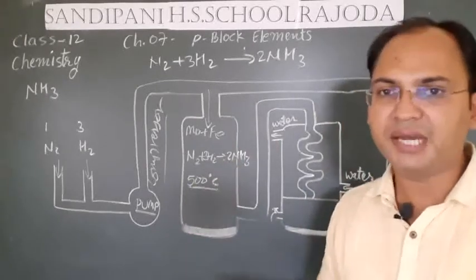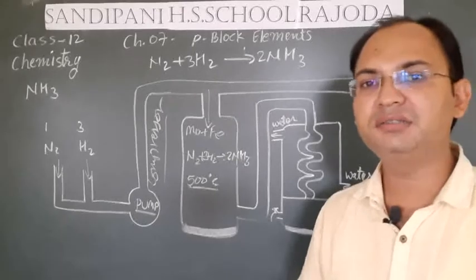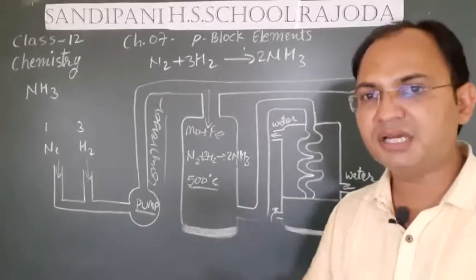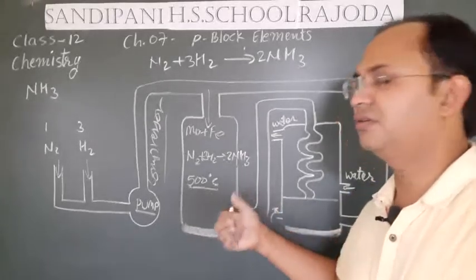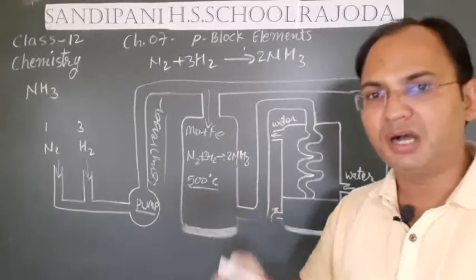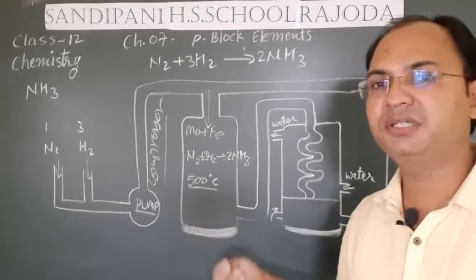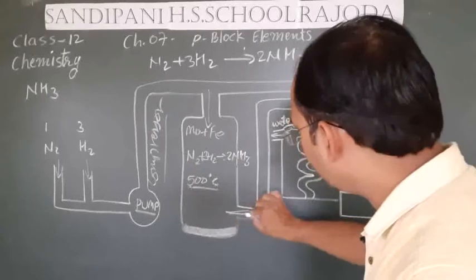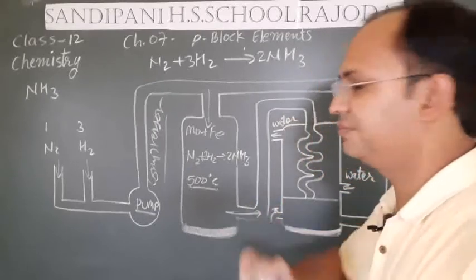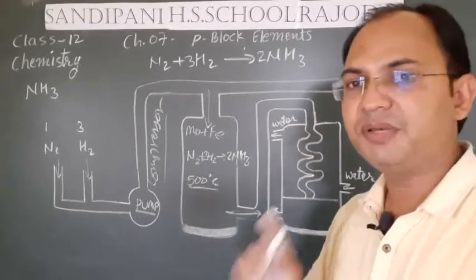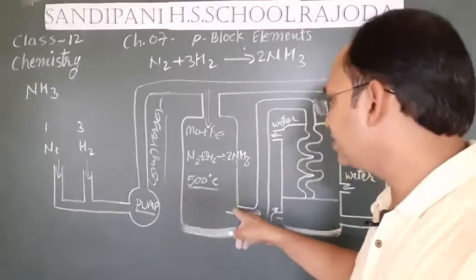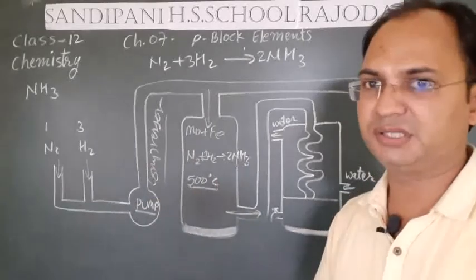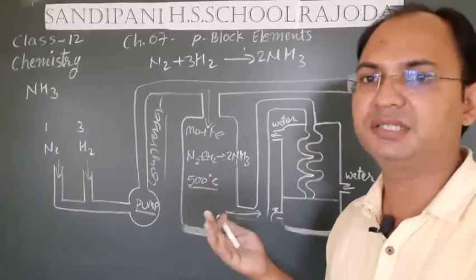So students, at this much high temperature, the maximum amount of the nitrogen and hydrogen get combined to form the ammonia, but some nitrogen and hydrogen remains unreacted at this temperature also. So ammonia along with the nitrogen and hydrogen runs out from this pipe. But remember, this mixture is at very high temperature, near about 500 degrees Celsius.